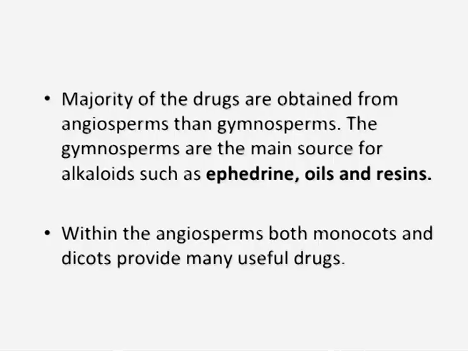Very few of the lower plants are used as medicine, and the majority of people depend on higher plants for medicine. Majority of the drugs are obtained from angiosperms rather than gymnosperms. The gymnosperms are the main source of alkaloids such as ephedrine, oils and resins. Within the angiosperms, both monocots and dicots provide many useful drugs.